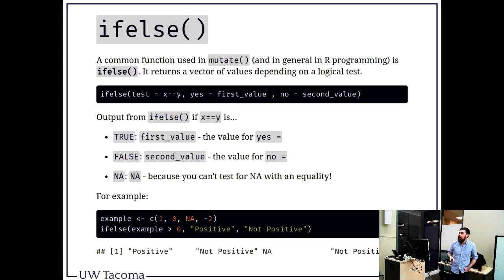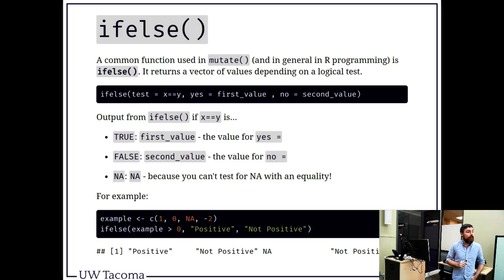It looks like something like this. This is an example, one where I have the numbers 1, 0, NA, which is not a number, and -2. If I run if-else on this and say my logical test is example greater than 0, so it's going to go down every element of example and test whether that one is greater than 0. If it is greater than 0, it's going to return the word positive. If it is not greater than 0, it's going to return not positive. 1 is greater than 0, so it returns positive. 0 is not greater than 0, so it returns not positive.